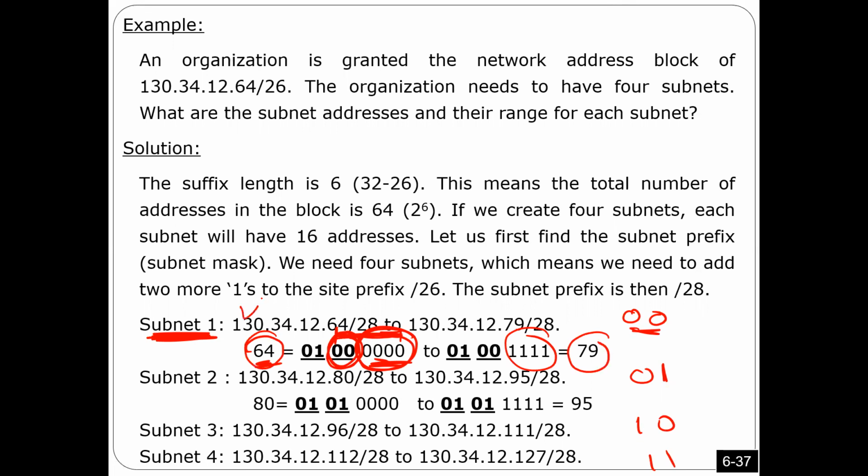For the second subnetwork, the subnetwork ID is number 1, and the host ID goes from 4 zeros until 4 ones. The range of addresses is between 80 and 95. Again for 3 and 4.